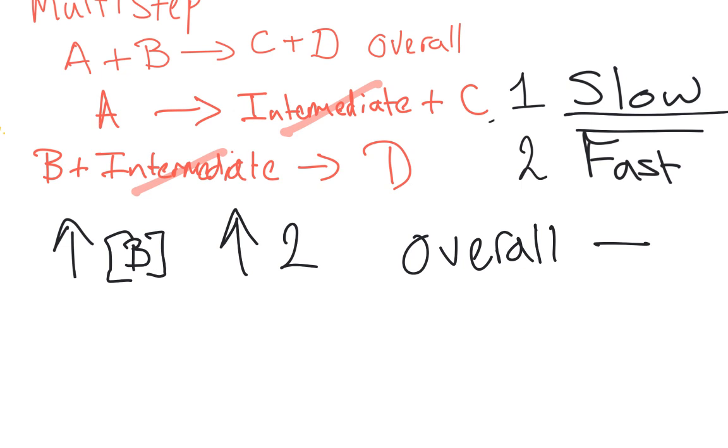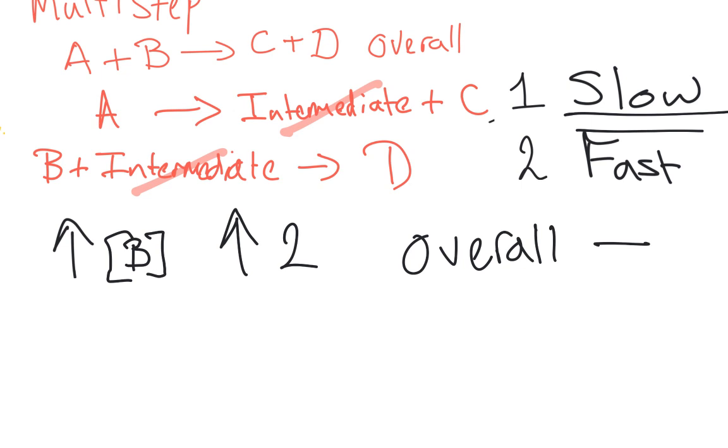So the key thing to try and take away from this bit is that the rate of reaction does not necessarily increase when you change the concentration of any one reactant.